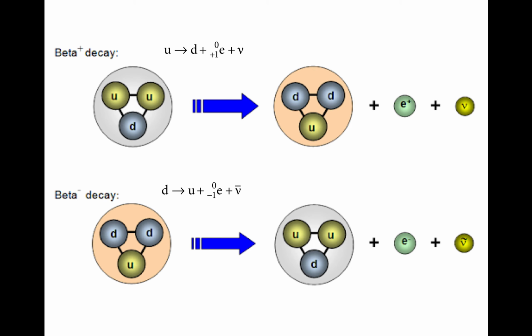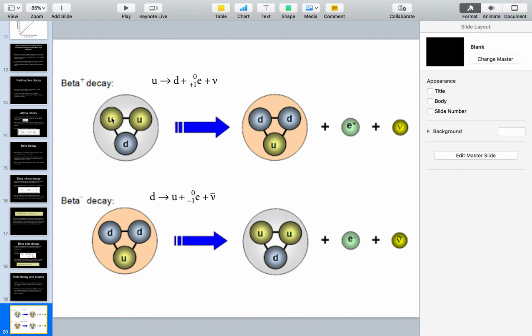So there is an up quark and down quark pair which remains relatively constant. These two are the same on both sides. It is only this up quark that converts itself into this down quark, while the other two remain constant. So the beta decay is essentially this up quark converting itself to this down quark.